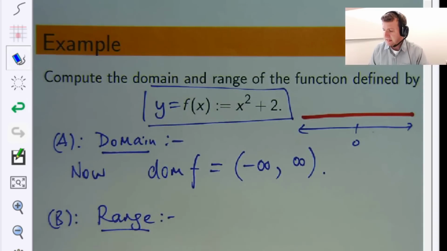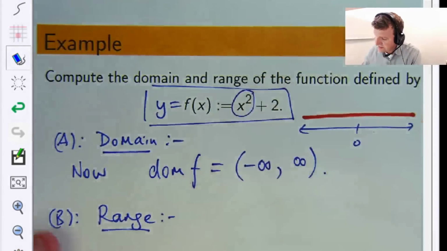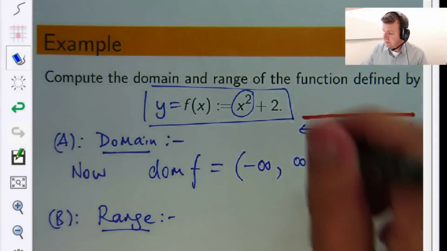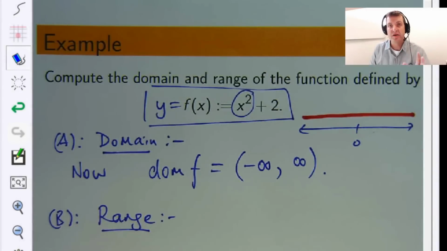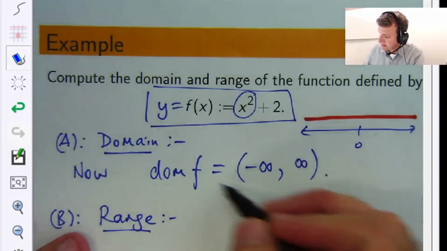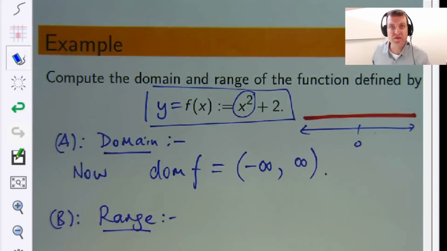Firstly, if you look here, we've got a squared and we've got a plus 2. Now, x squared always has to be greater than or equal to 0. For any x value in this interval here, one thing that we can say about the square of something is that it's always greater than or equal to 0.